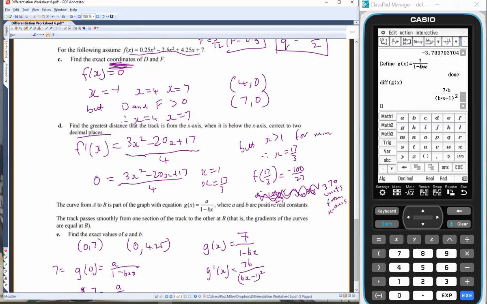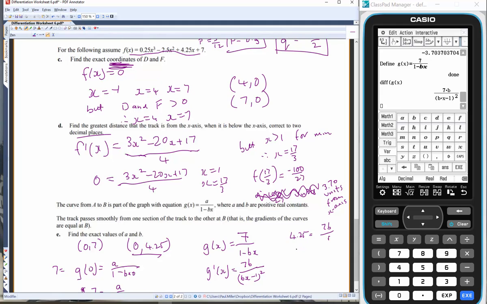Okay, and let's use this information here. So I'm going to say 4.25 equals 7b over bx, that's going to be 0, negative 1, 0, take 1 is 1, that's going to be 1.